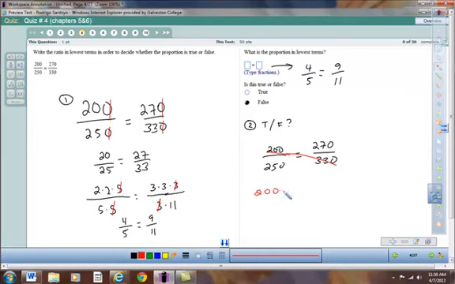Here we get 200 times 330 equals, and over there we get 250 times 270. So let's just see if they equal. 330 times 200 gives us a solution of 66,000. 250 times 270 gives a solution of 67,500. Therefore, we know this is going to be false since they don't equal.